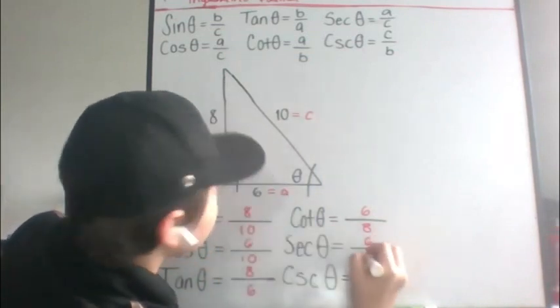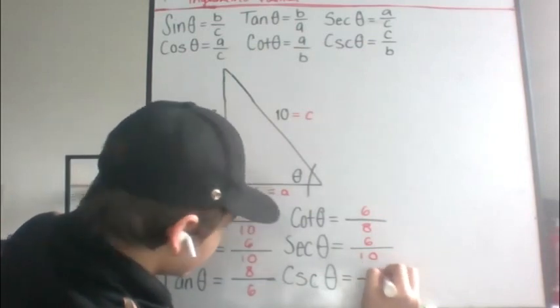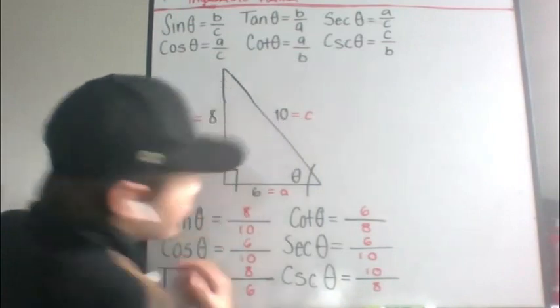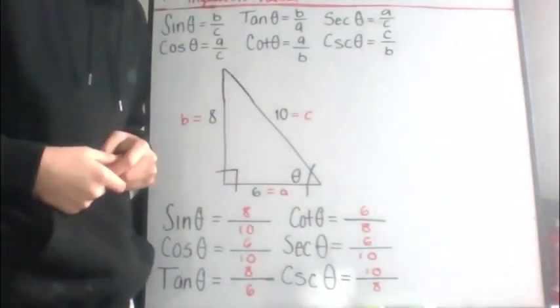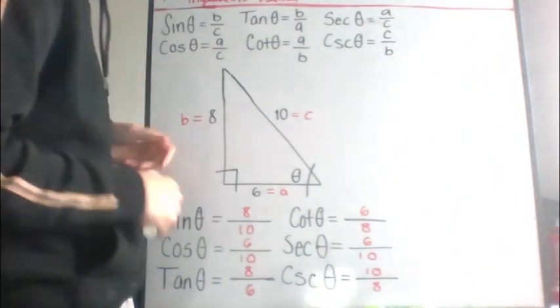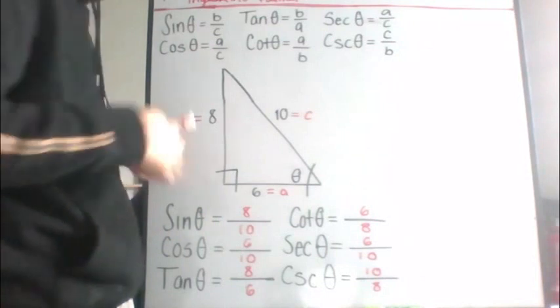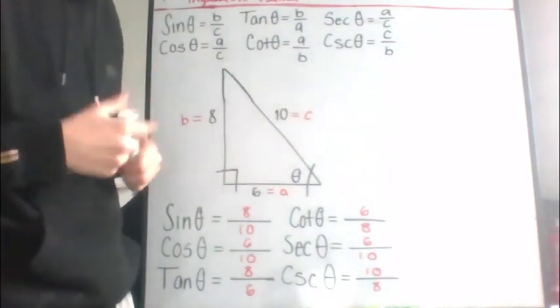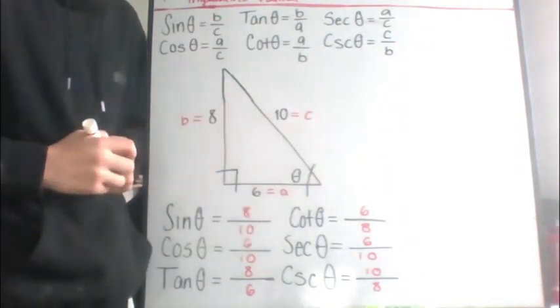AC, 6 over 10. Since we already have the values, we only had to find which of these numbers represent what letter. So yeah, these will be the answers.